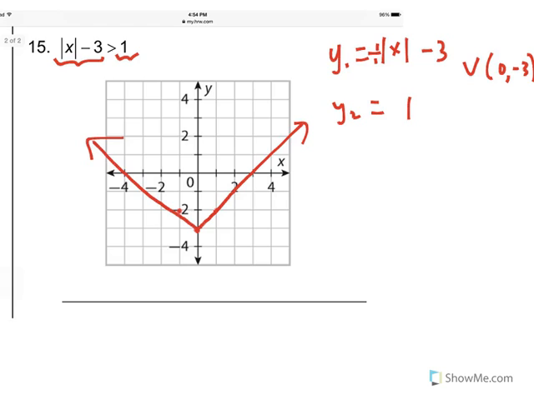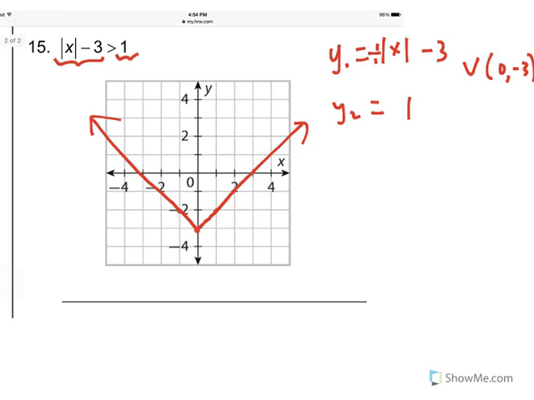It would look something like this. Let me just clean up the equation a little bit. Okay, that looks better.